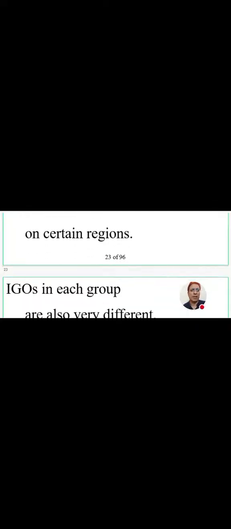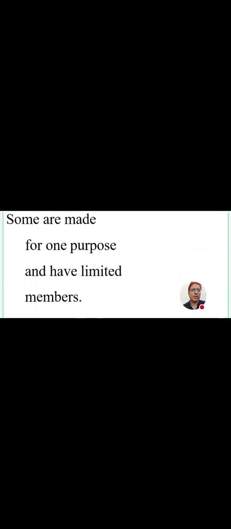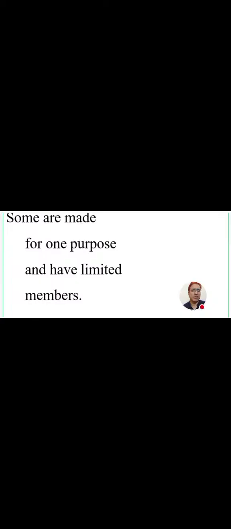More than 73% of IGOs are smaller and only focus on certain regions. IGOs in each group are also very different. Some are made for one purpose and have limited members.